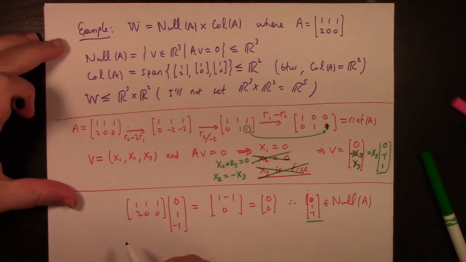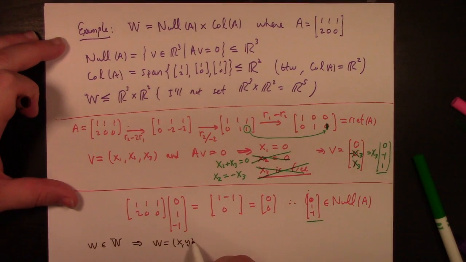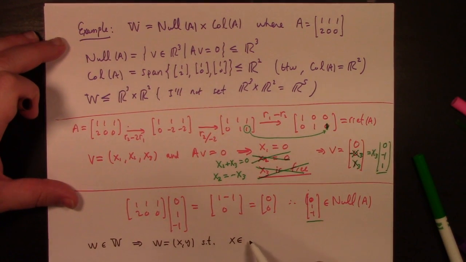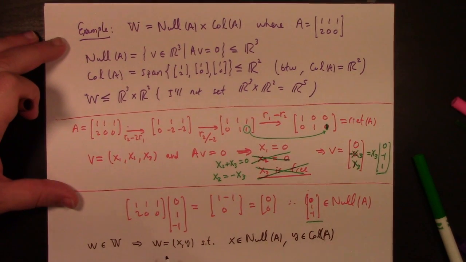So let's look at it then finally. All right, we've got W in the space, which implies that W is equal to, say, x comma y, such that x is an element of the null space of A, and y is an element of the column space of A. Right?